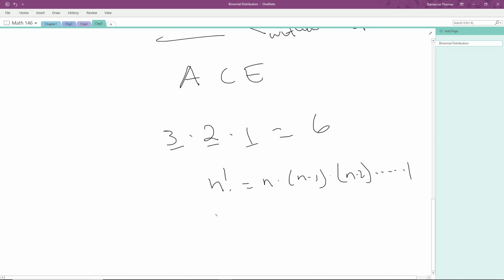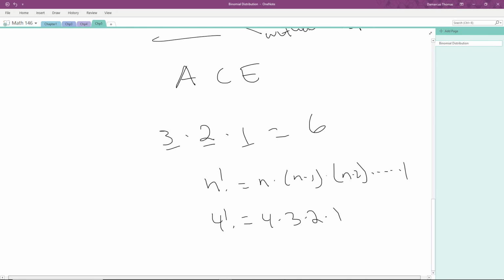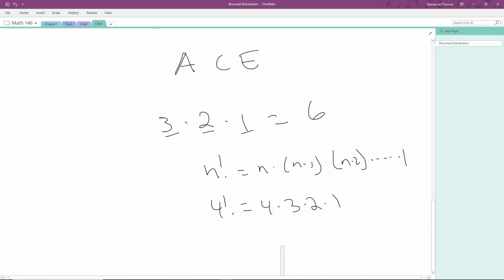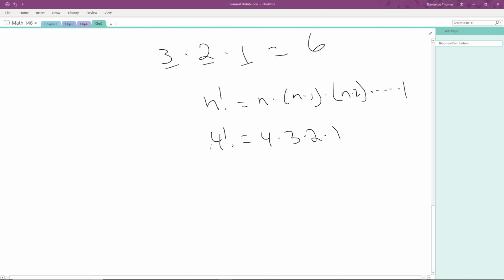So for example, if I have 4 factorial, that's 4 times 3 times 2 times 1. 5 factorial is 5 times 4 times 3 times 2 times 1. Now if we actually work that out, I'm going to get 20 times 6 times 1. 20 times 6 is 120.